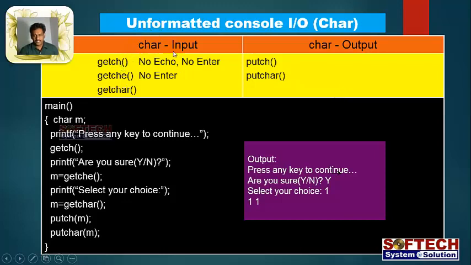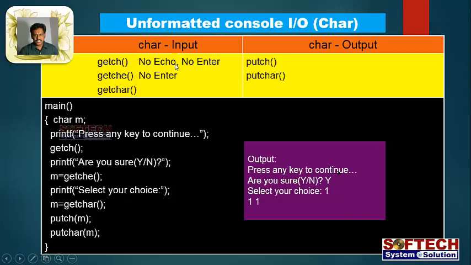As we already discussed, unformatted character input has three types of function: getch, getche, getchar. Then two types of output function to display a character on screen, that is putch, putchar.